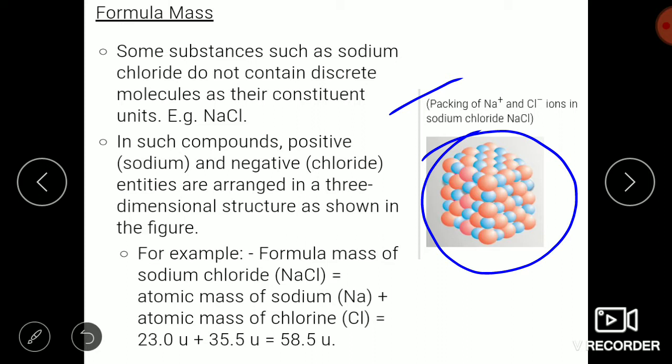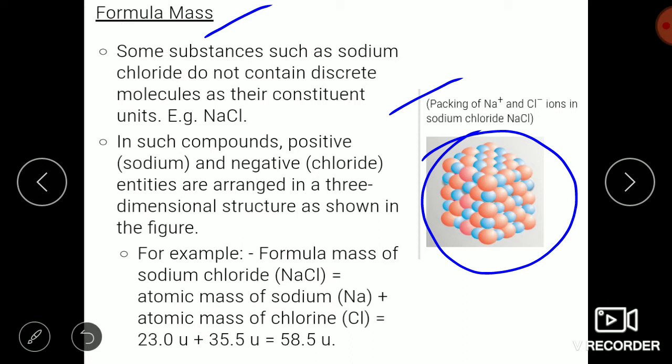So for that kind of substances, we have to calculate the formula mass. Formula mass calculation is the same as molecular mass. Just remember that for an aggregated substance, instead of calculating the molecular mass, we calculate the formula mass. So see here, some substances such as sodium chloride do not contain discrete molecules, that is, single molecules, as their constituent units.